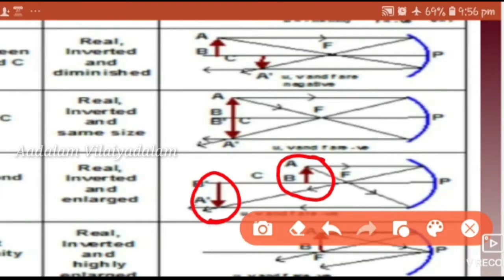We get a highly magnified, large size image, which is also a real and inverted image.